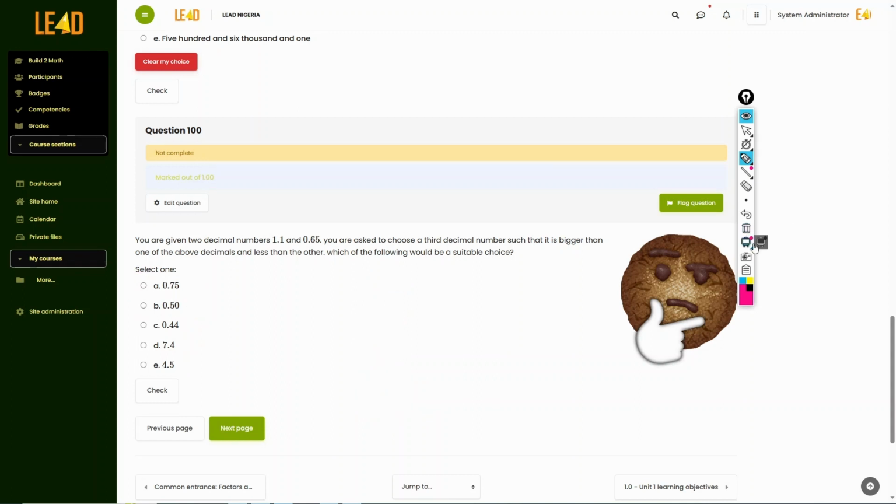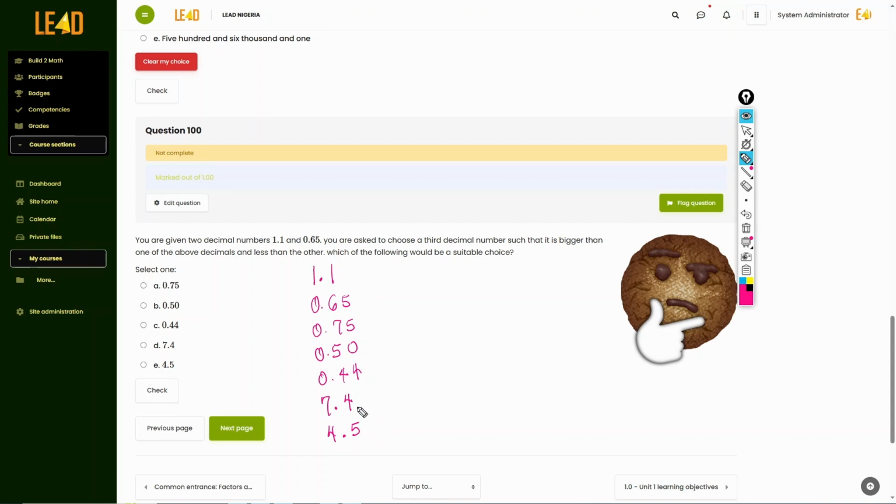Alternatively, let's try to arrange everything by decimal places, like we're trying to order them. We'll order all 7 of them now. So I have 1.1, 0.65, 0.75, 0.50, 0.44, 7.4 and 4.5.